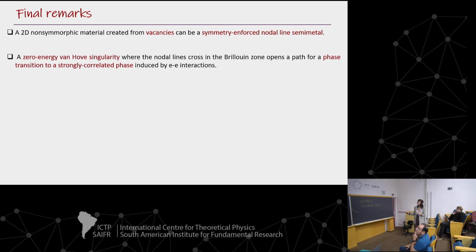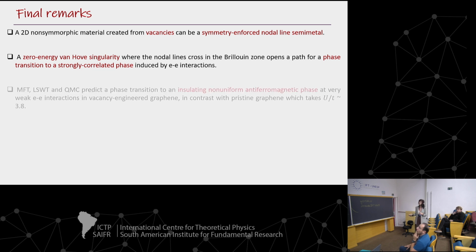And then this type of nodal-line semimetal comes with a zero-energy Van Hove singularity, exactly where the nodal lines enforced by the non-symmorphic symmetry cross with accidental nodal lines. This gives opportunity for strongly correlated phenomena to arise in your material.